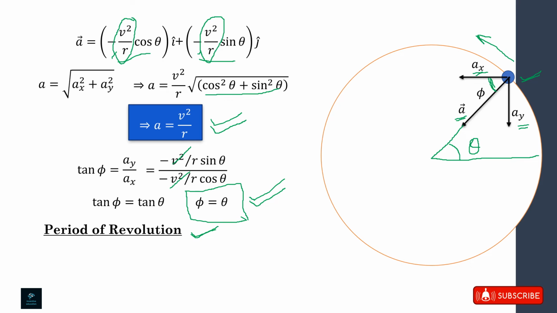So the distance covered is the circumference, and the speed at which the distance is covered is the magnitude of velocity. Therefore, time period of revolution is equal to circumference divided by velocity magnitude. Circumference is 2 pi r, velocity magnitude is v. Therefore, period of revolution is given by the equation T is equal to 2 pi r by v.